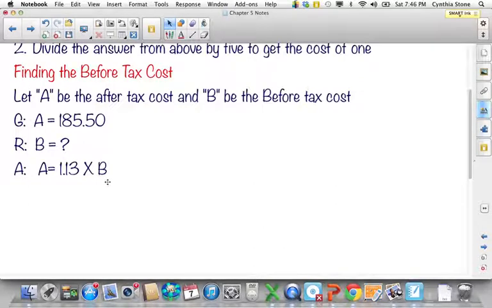Well, the equation, and we did this in the last question, is that the after-tax cost equals 1.13 times the before-tax cost. Now we want to go through the steps of solving for B, the before-tax cost. To do that, we use opposite operations. 1.13 is multiplied by B, so we're going to divide both sides by 1.13.